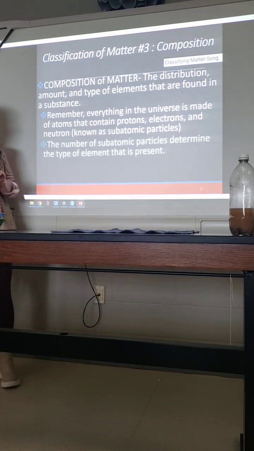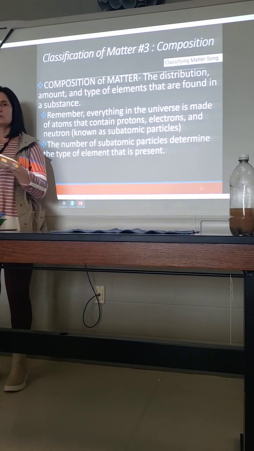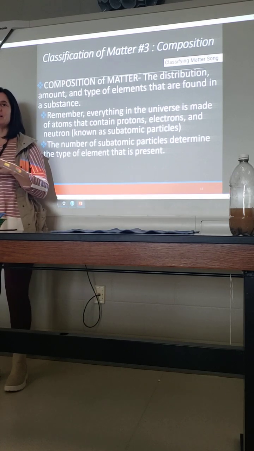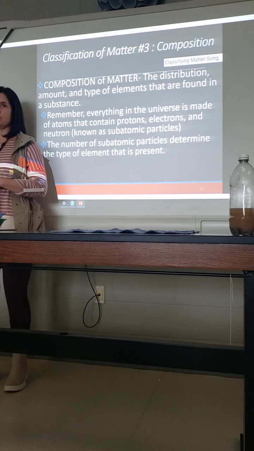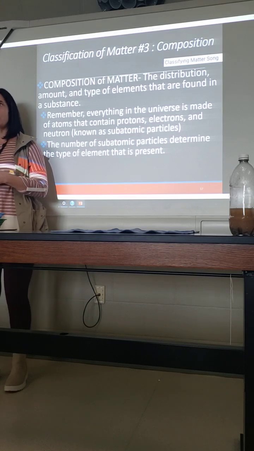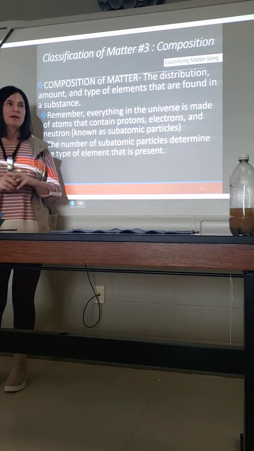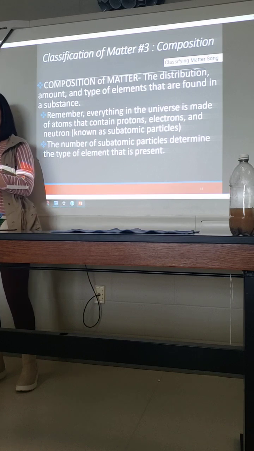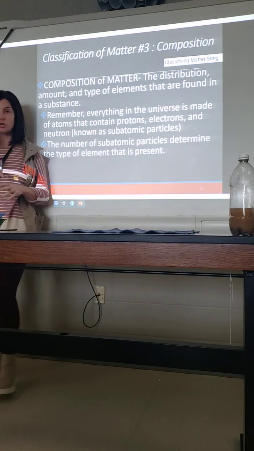And so the number of those subatomic particles determine the type of element. Which one of our subatomic particles is the one that actually identifies the element? So if you change this, you're changing the element that you're dealing with. Which one is like that permanent number? Proton? The proton, right? Because you can change electrons and you still just have the ion of that element. You can change the number of neutrons and just have the isotope.